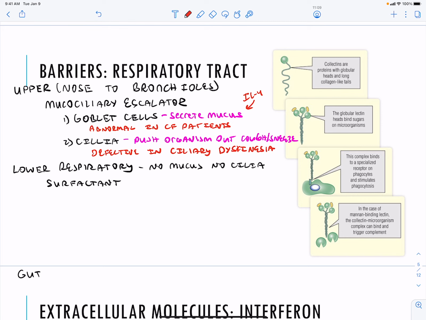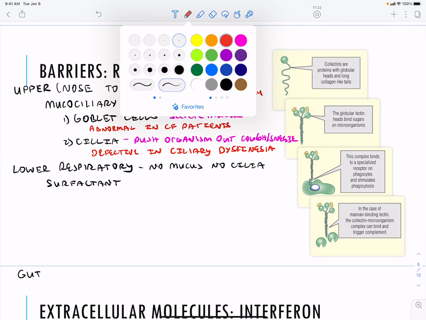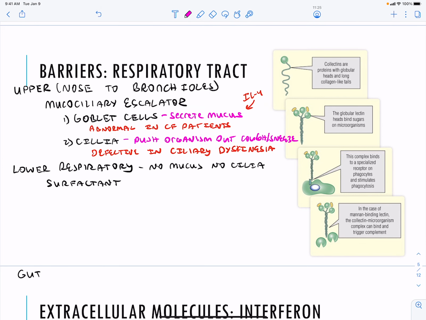Now, in the lower respiratory tract, you don't want mucus and cilia because these are going to obstruct the gas exchange, CO2 and O2. So in the lower respiratory tract, we're going to have surfactant, and surfactant is going to be made by our type 2 pneumocytes.